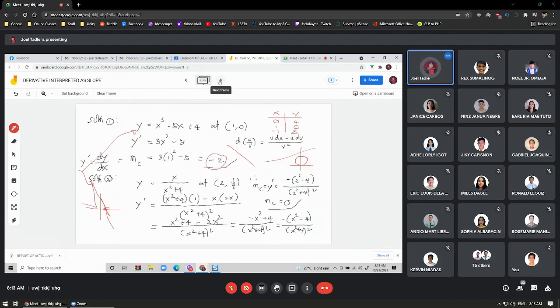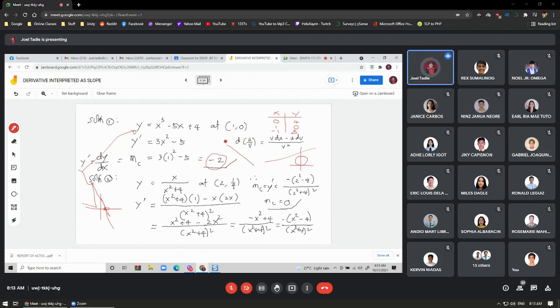So number 2, this is the given. So y equals x over x squared plus 4 at 0.214. So this is quotient. So we can use the quotient formula. So ang atong unahon og copy is the denominator.